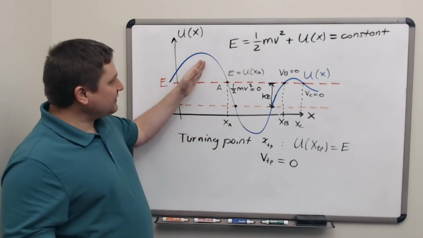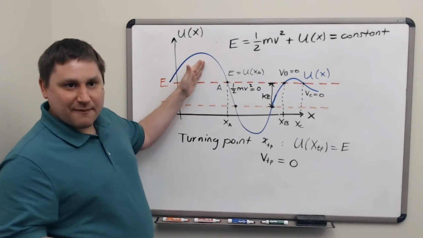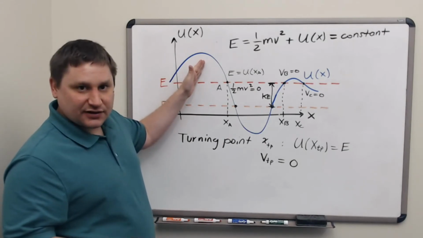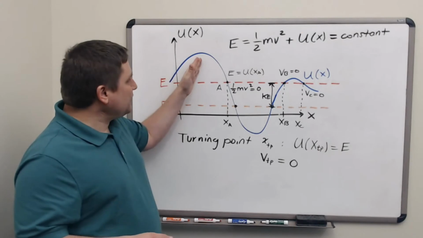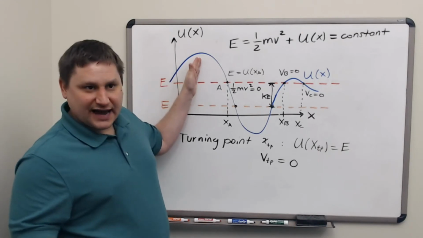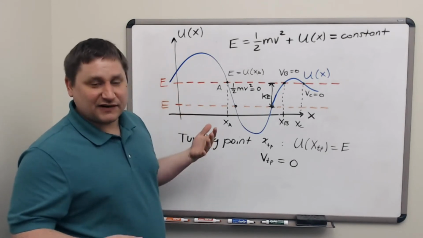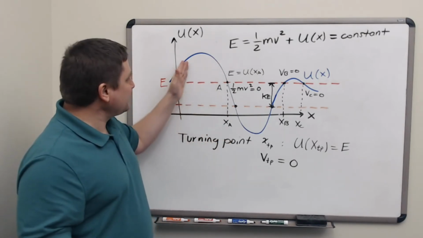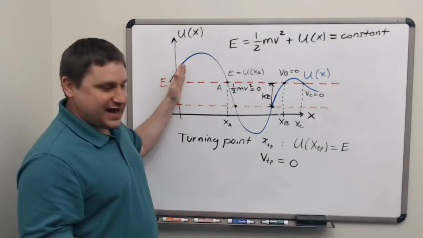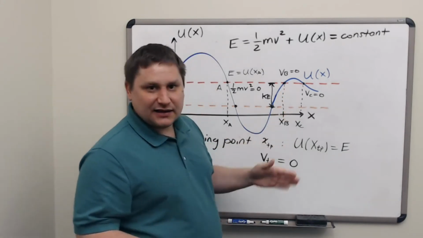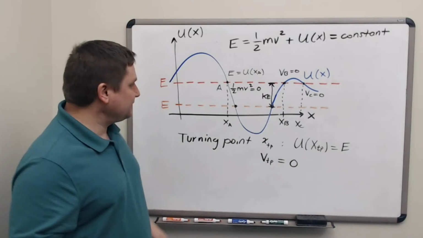And if the object was somehow imagined to be at a location beyond the turning points, we would find that no value of kinetic energy can satisfy the conservation of energy equation. Kinetic energy must be positive. So these points over here to the left of A and between B and C, these are called forbidden regions.